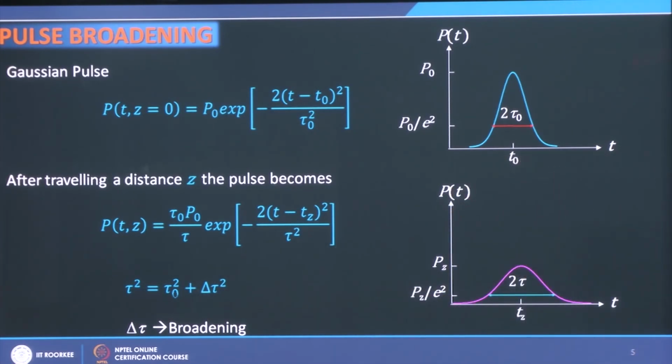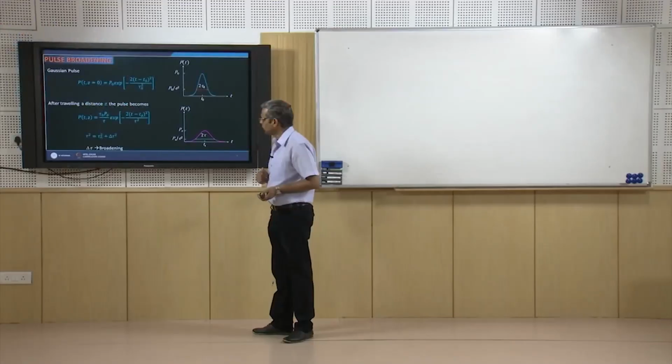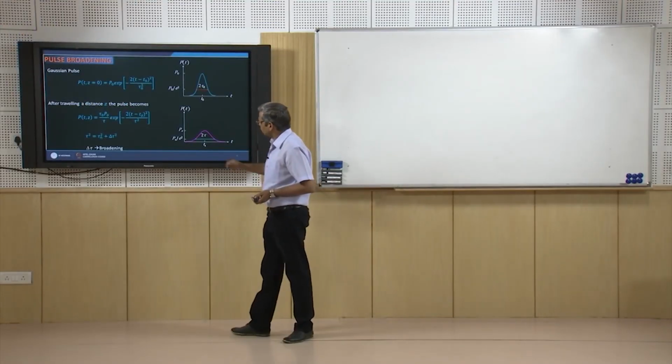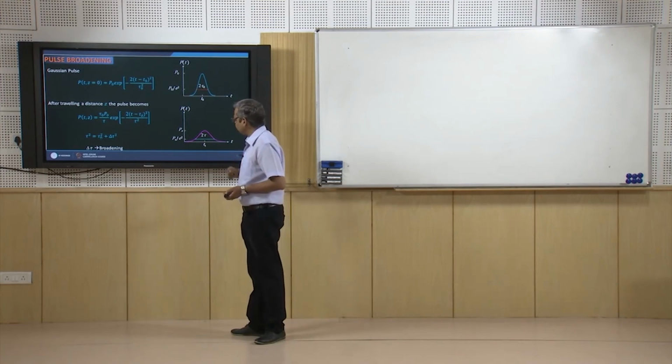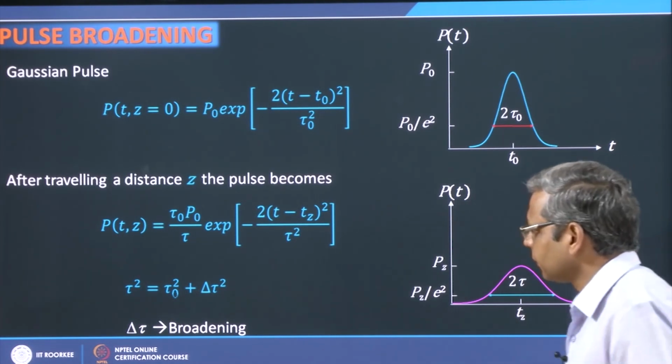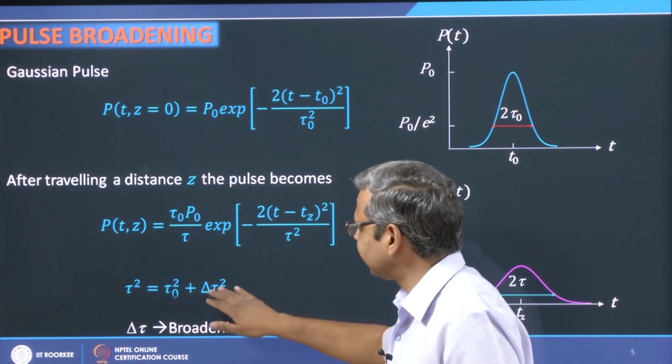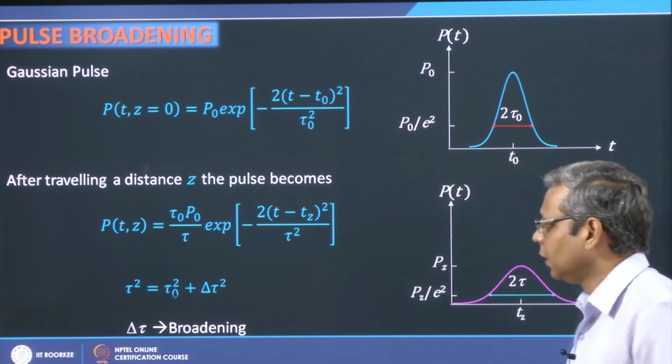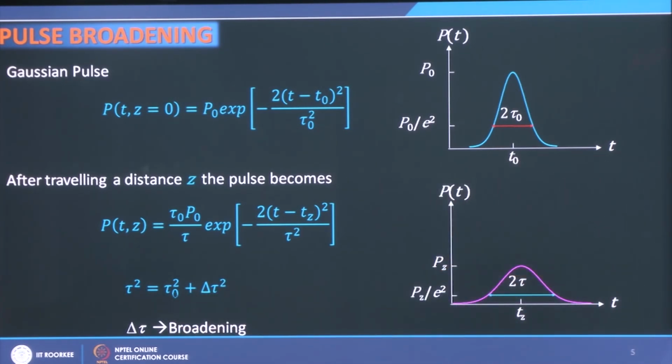So, now I have a pulse which is now centered at t equal to T z, whose power has gone down to P z, and the width has become now tau, where tau squared can be given by tau naught squared plus delta tau squared, where delta tau is known as broadening of the pulse, and that is what we want to find out, how much is the broadening.